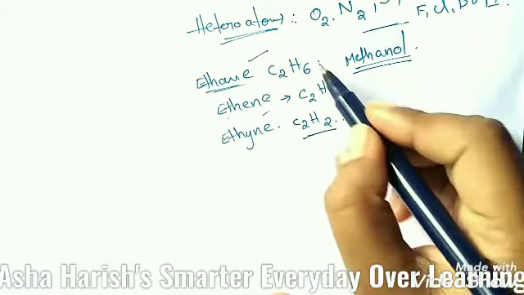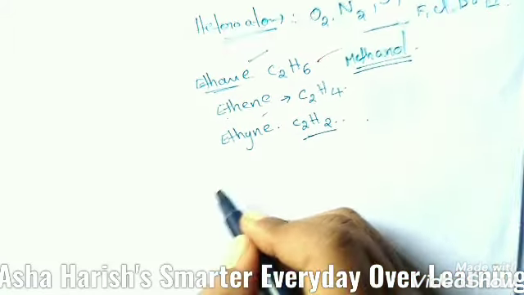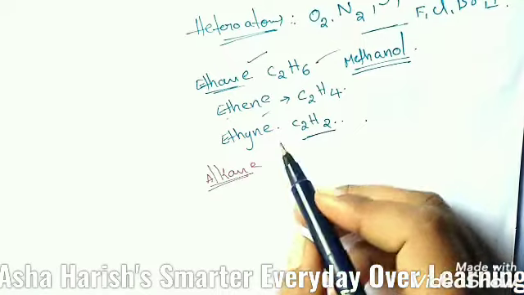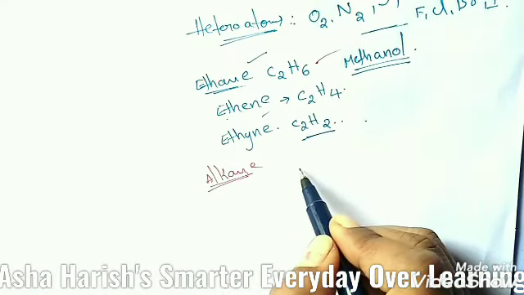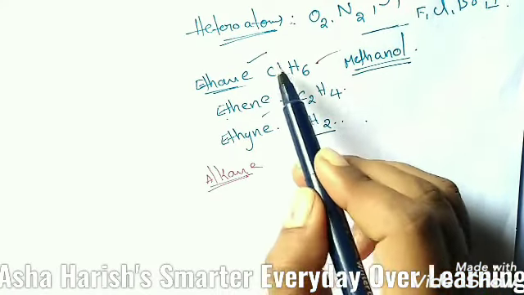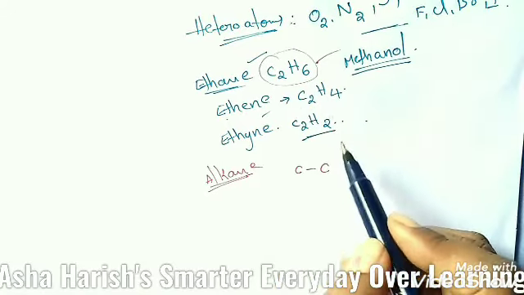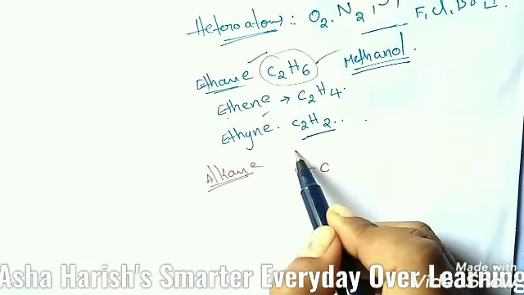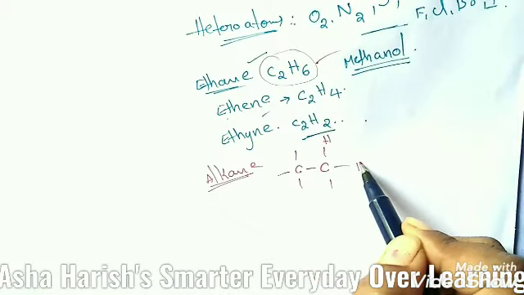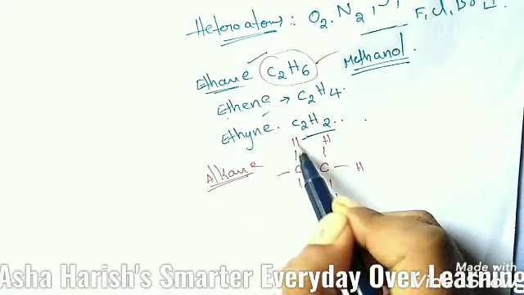See the first one, the ethane molecule, that is nothing but the alkane group. The structure should be C single bond C, and here you can see C2H6. Here there are two carbon atoms, and around these carbon atoms there are three hydrogens each.